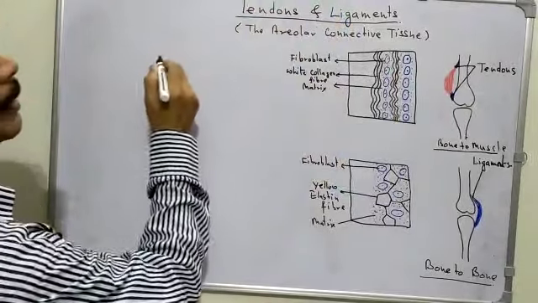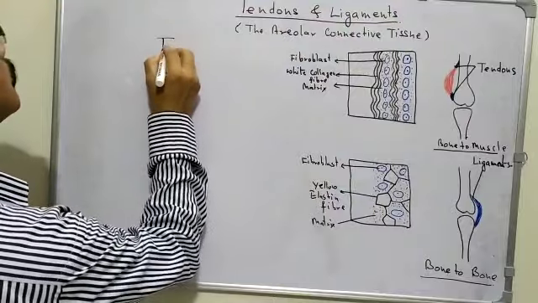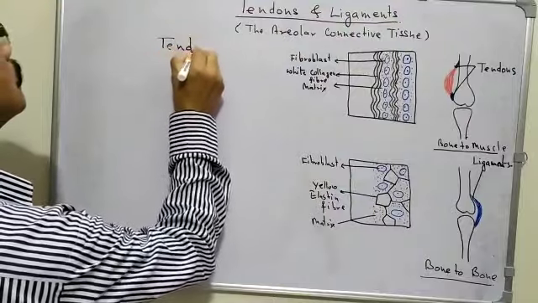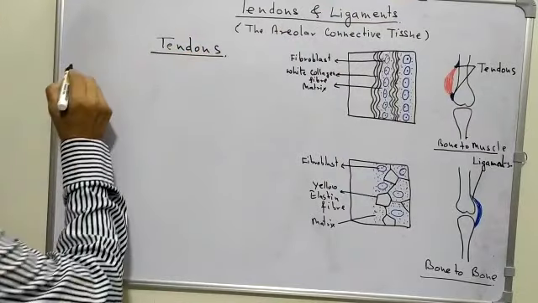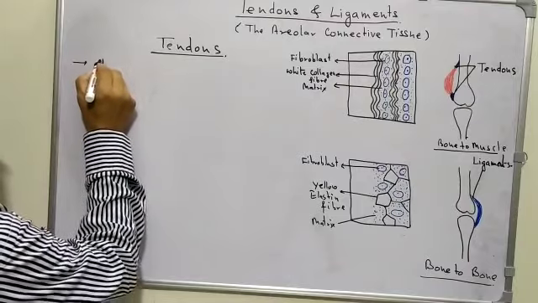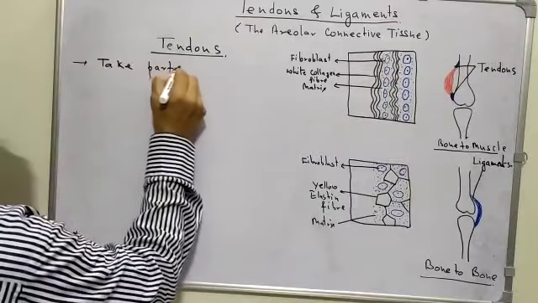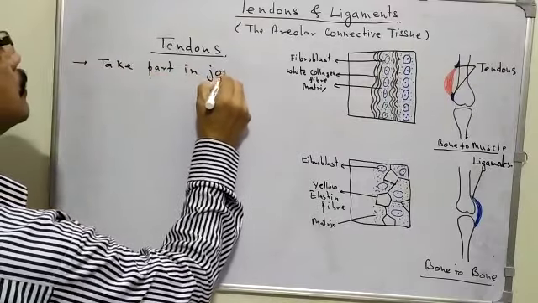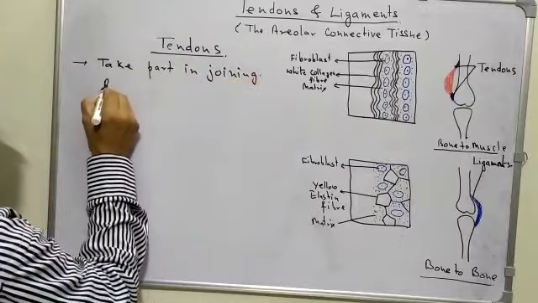First, tendons. They take part in joining bone to muscle.